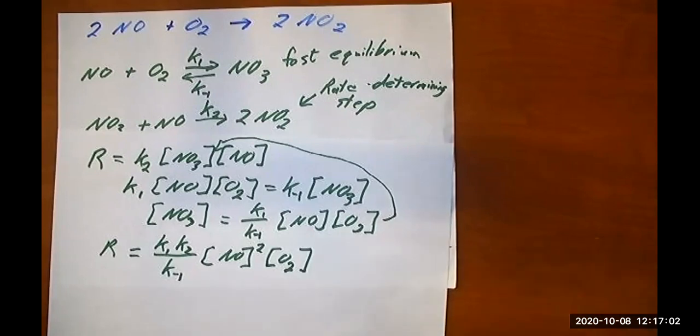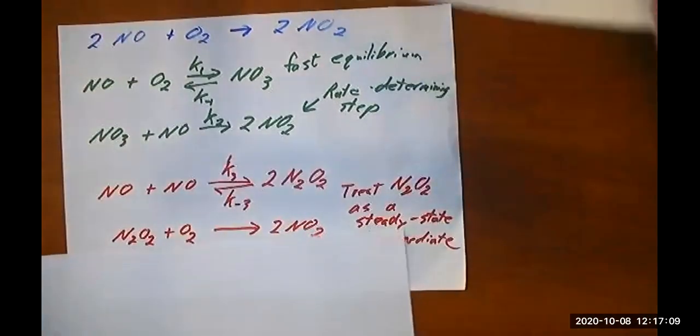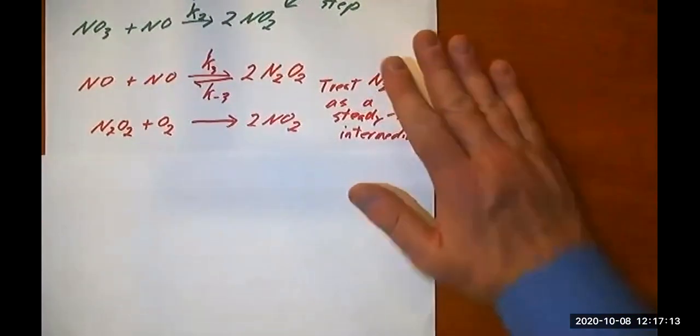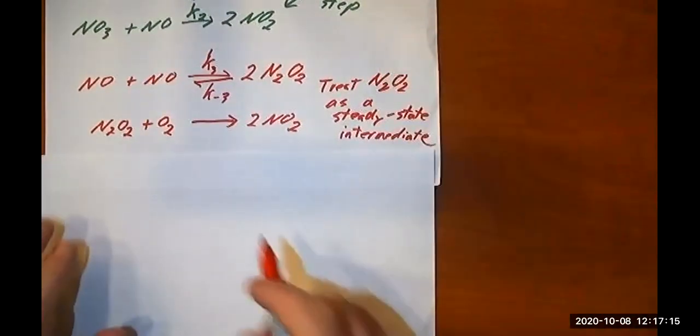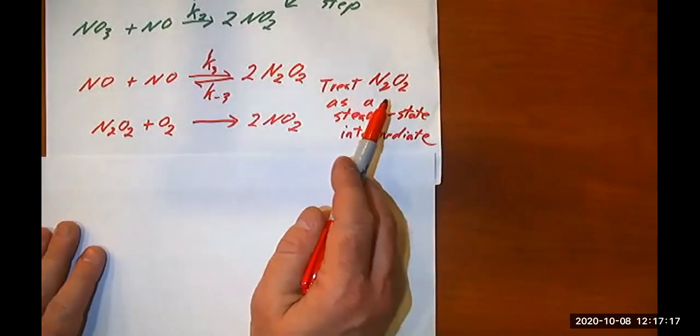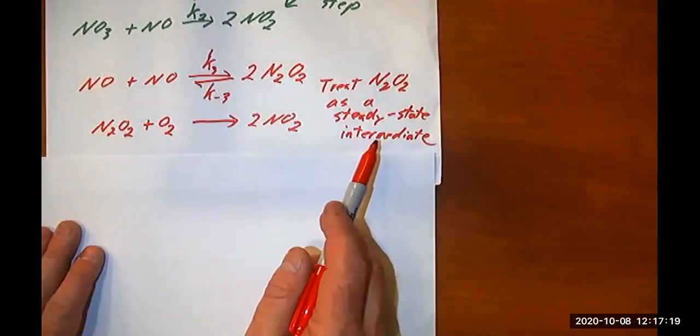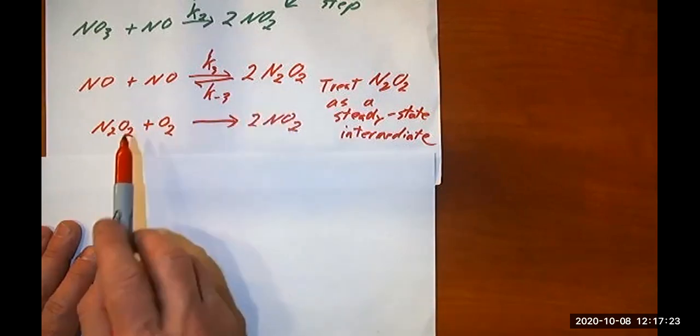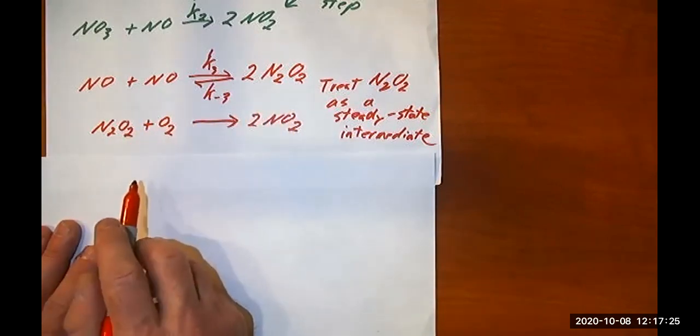Okay, let us now look at the second mechanism that we are comparing it to. Okay, so yeah, that should be visible there. In this case, we are told to treat N2O2 as a steady state intermediate. So it is certainly an intermediate because it does not appear in the overall reaction we're looking at.